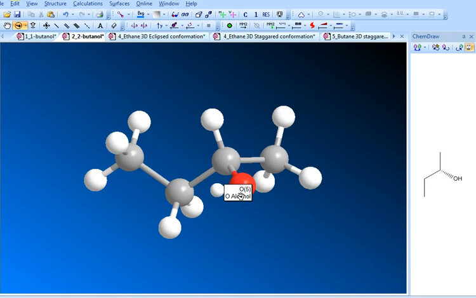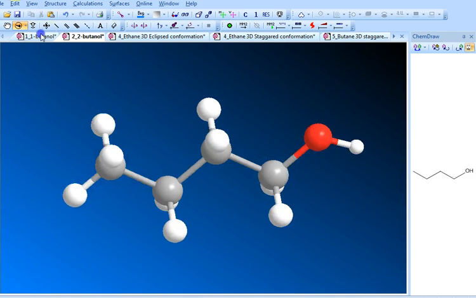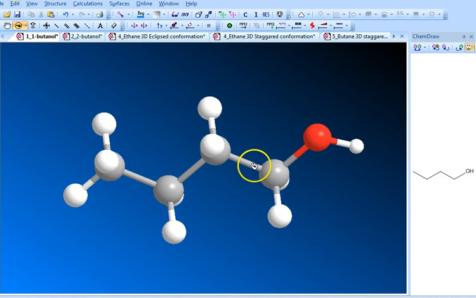Aldehyde and ketone have similar functional groups. Because this OH is in the middle, it cannot be oxidized to aldehyde. It can only be oxidized to ketone. Here, because it is a terminal OH group, this can only be oxidized to aldehyde.